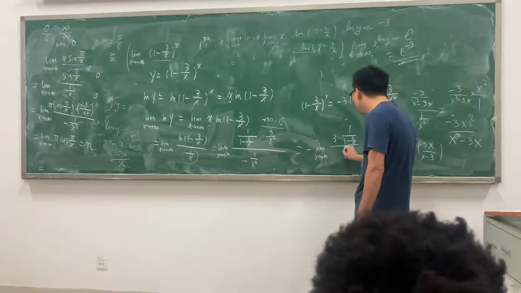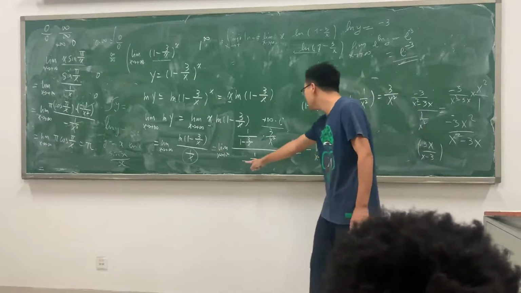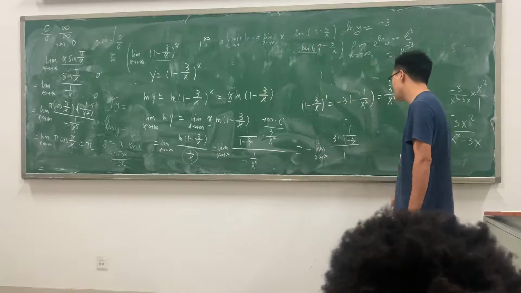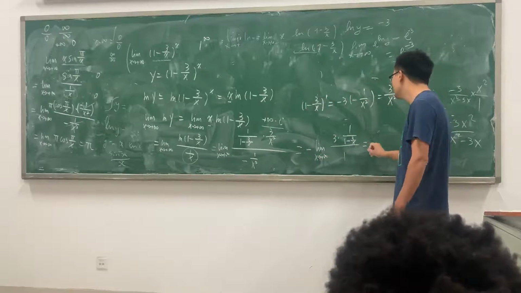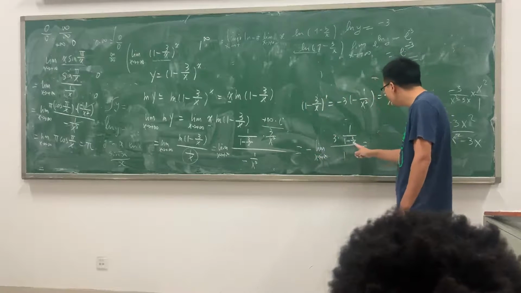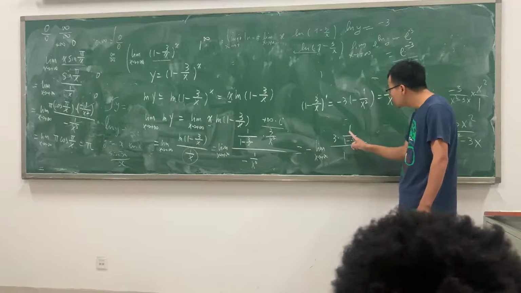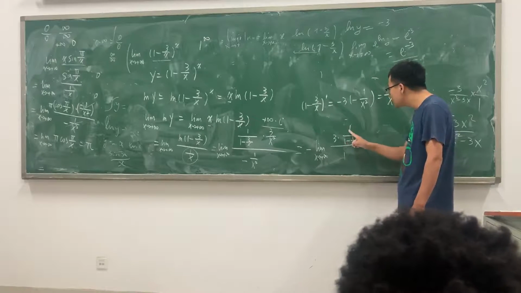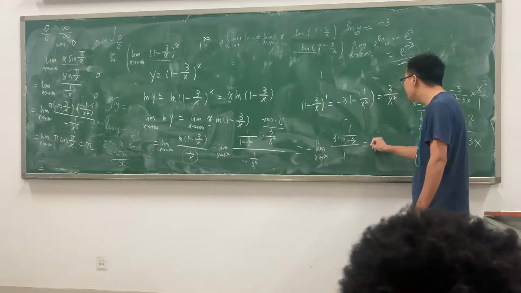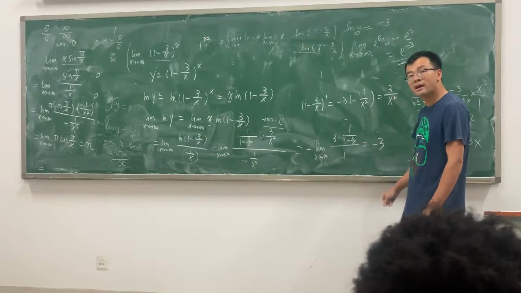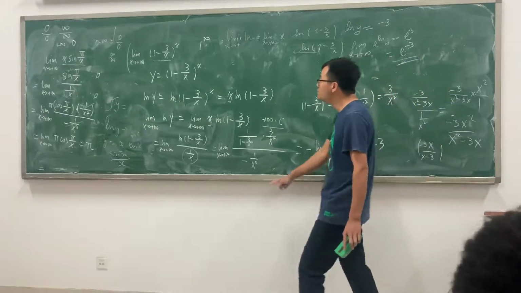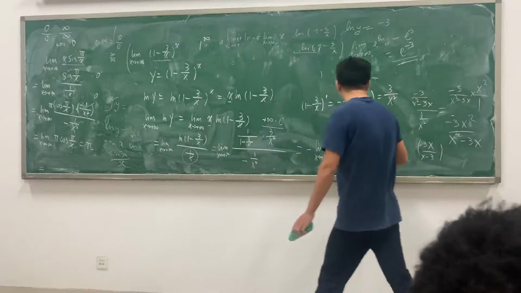So when x approaches plus infinity, this part approaches 0, so 1 by 1 minus 0 is 1. So here is minus 3. So ln y approaches minus 3.